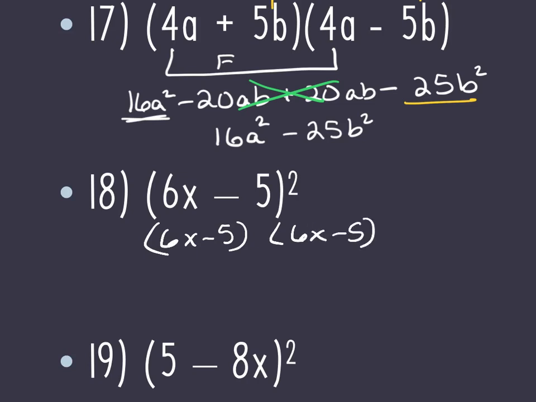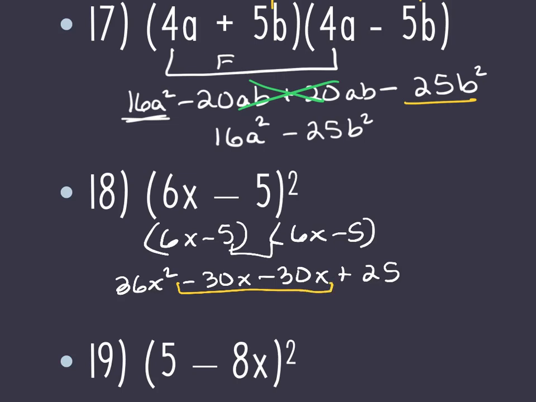So 6x times 6x is 36x squared. 6x times negative 5 is negative 30x. Same thing on the inside. And then last gives you positive 25. Notice you have middle terms to add here. They do not cancel this time.